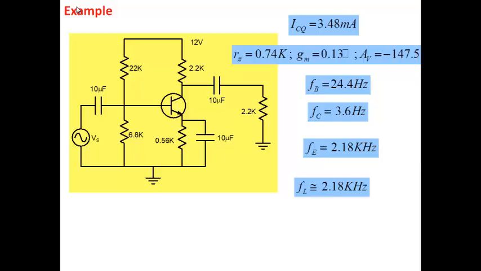The signal I'm going to amplify will contain frequencies from 1 kilohertz to some higher values. What does that tell you? What should the lower cutoff 3 dB frequency of this amplifier be?